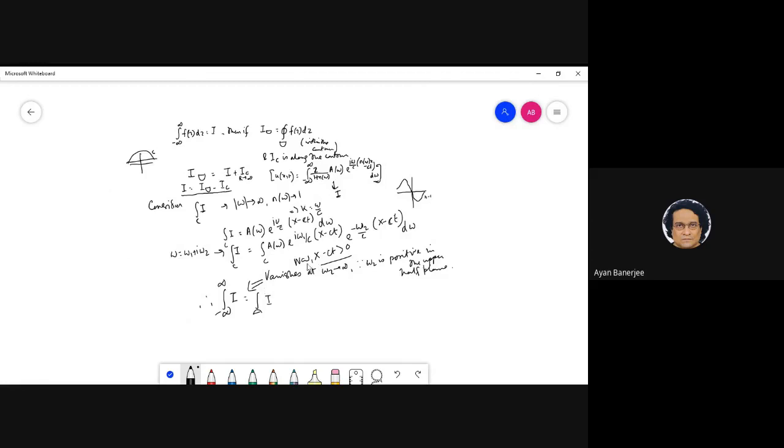What will the value of this one be along the whole contour? This is obviously 0, right? Because there are no poles, right? So no poles. So obviously this is 0. Because obviously the residue is 0 because there are no poles, so then this is 0.